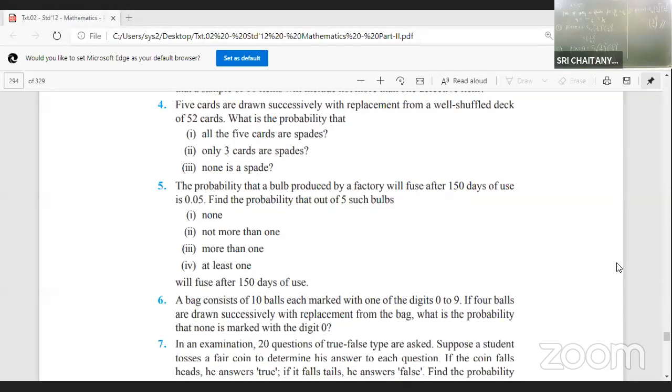First problem, P of x is equal to 0 and k value 0.